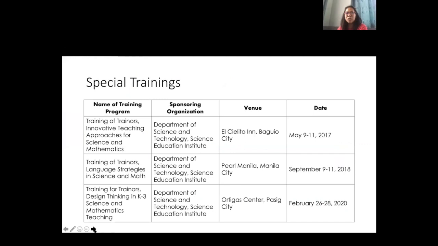Among the special training she attended are mostly from the Department of Science and Technology, SEI. One of which is the innovative teaching approaches for science and mathematics. Another one is on language strategies in science and mathematics. And recently, design thinking in K-3 science and mathematics teaching.